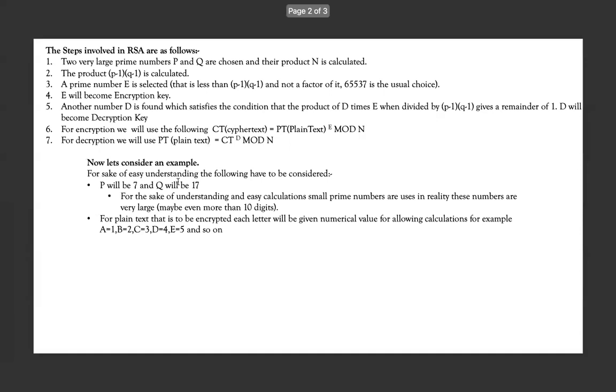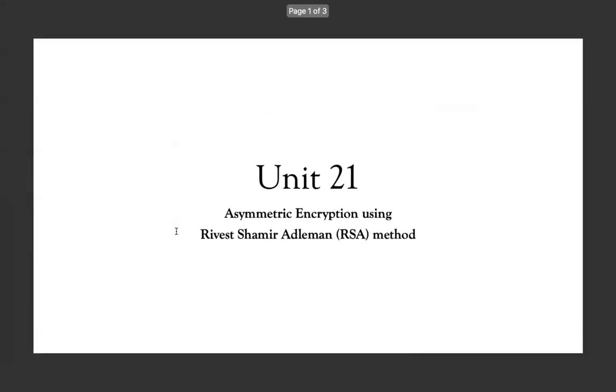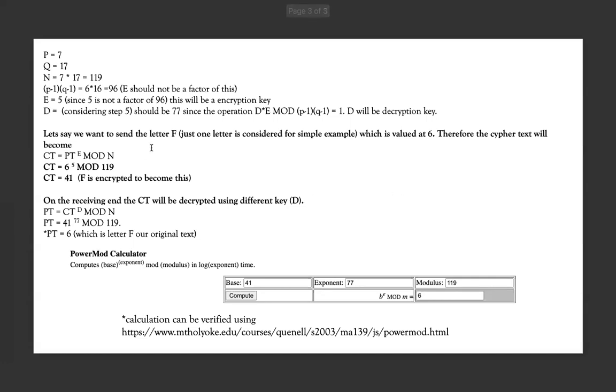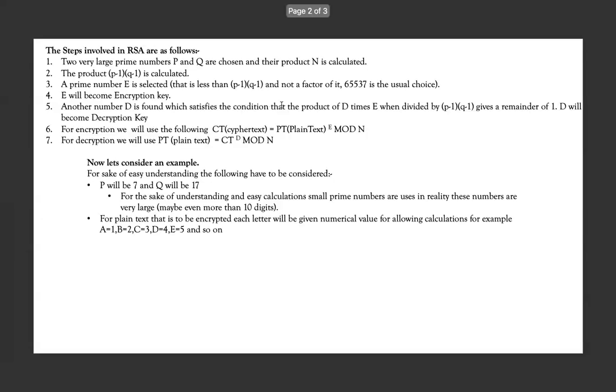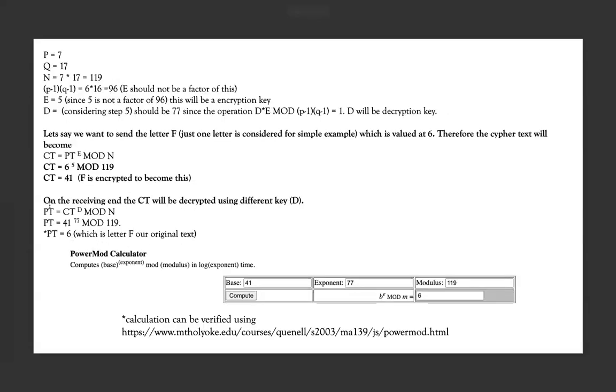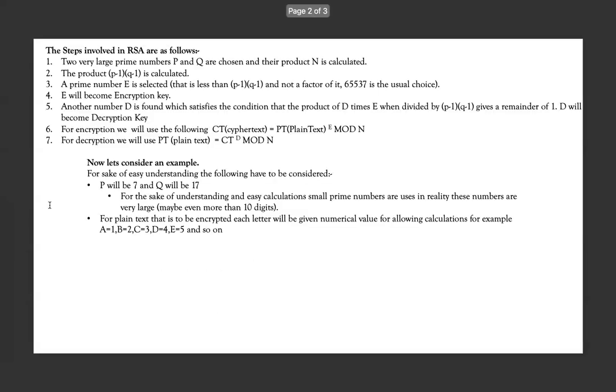As per the scheme mentioned before, A is 1, B is 2, C is 3, D is 4, E is 5. According to that, F should be 6, which it is. Therefore, when I'm calculating the ciphertext using this technique, I'll be using the value 6 for F as my plain text.